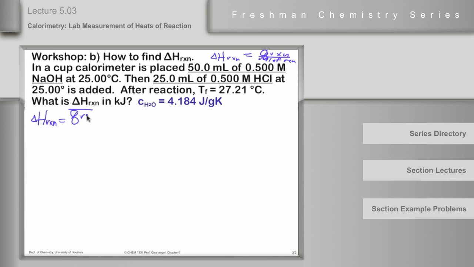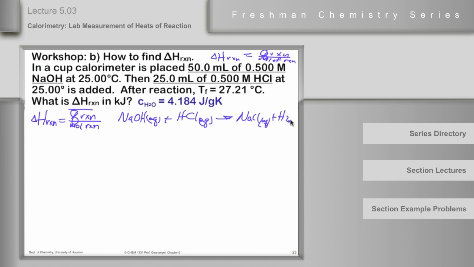It's sodium hydroxide, aqueous, plus HCl, aqueous, goes to sodium chloride, aqueous, plus water. And the net ionic equation is OH minus aqueous plus H plus aqueous goes to H2O liquid.